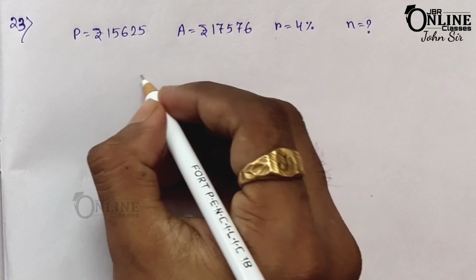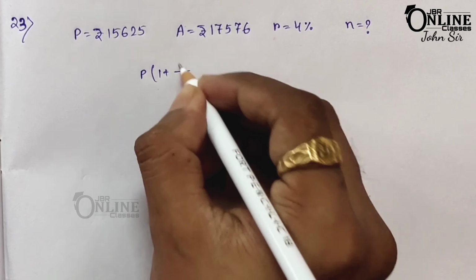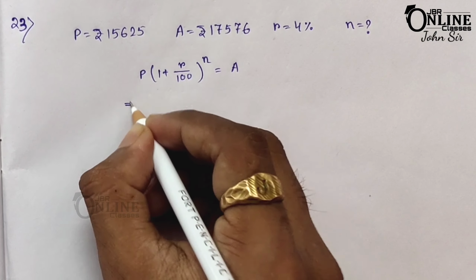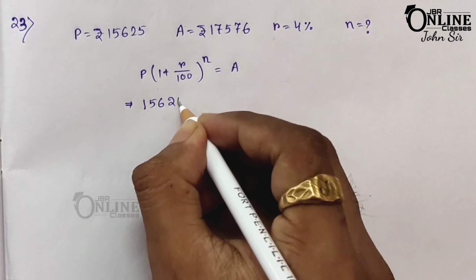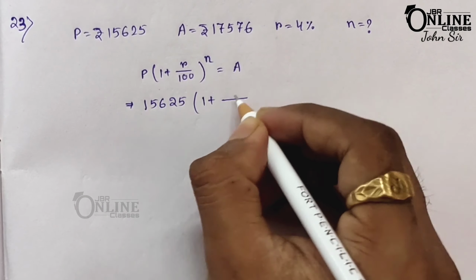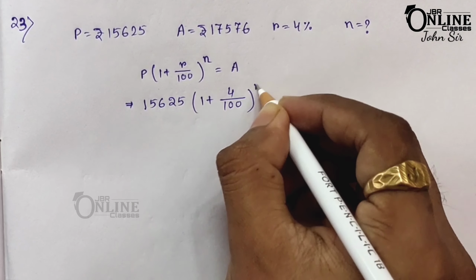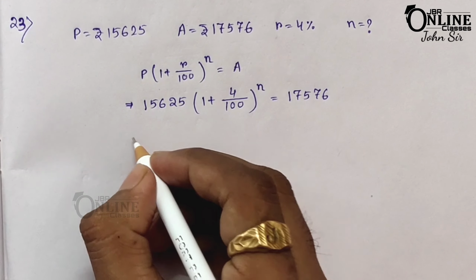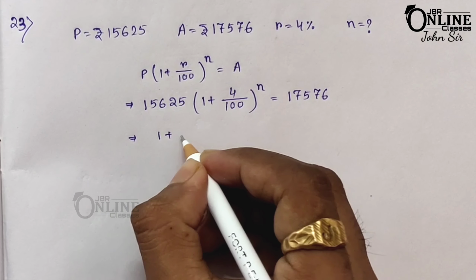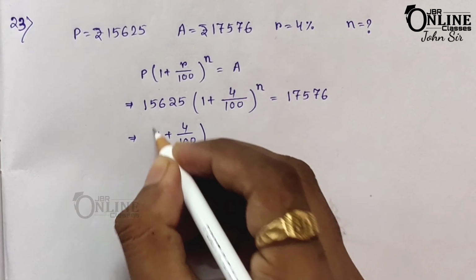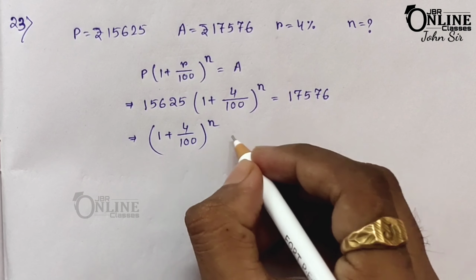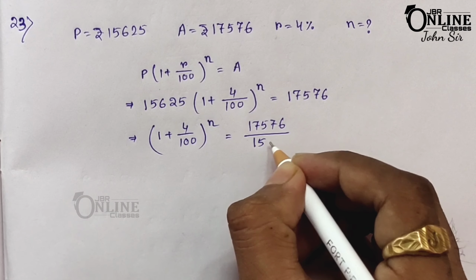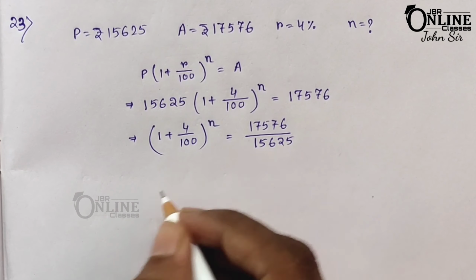So here you can directly apply the formula P into 1 plus R by 100 whole to the power n equals amount. Just put down the values. So it will be 1 plus 4 by 100 whole to the power n equals 17576. So 1 plus 4 by 100 whole to the power n equals 17576 divided by 15625.